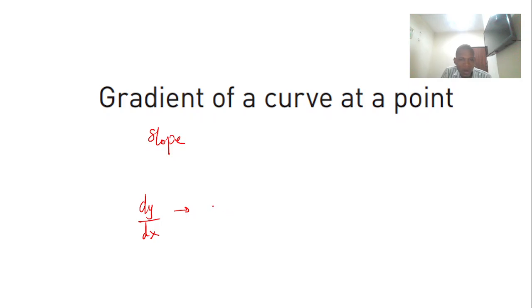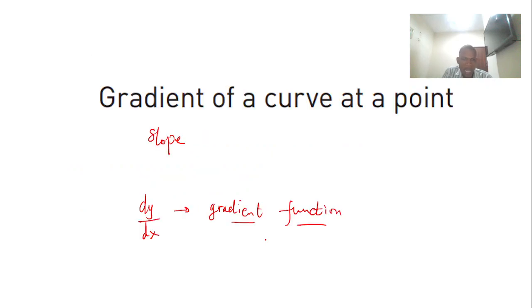This is called the gradient function. So when you differentiate once, you get dy over dx, and that's actually the gradient function.